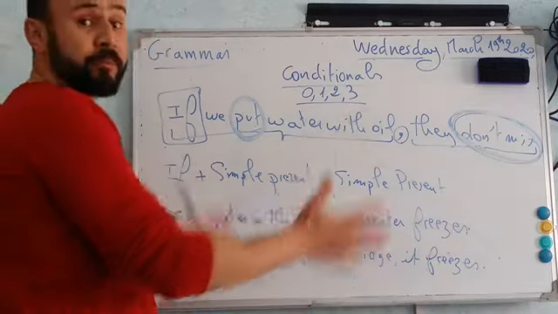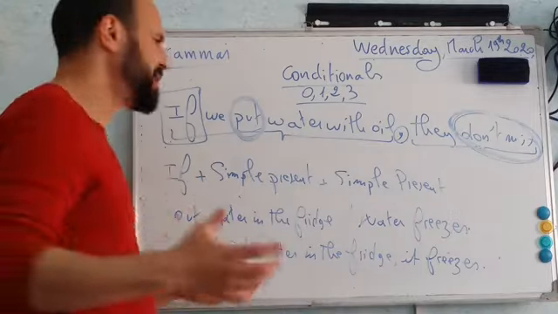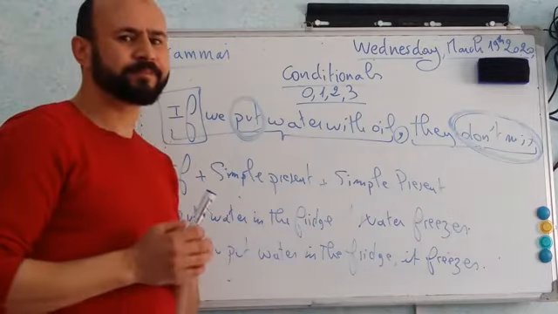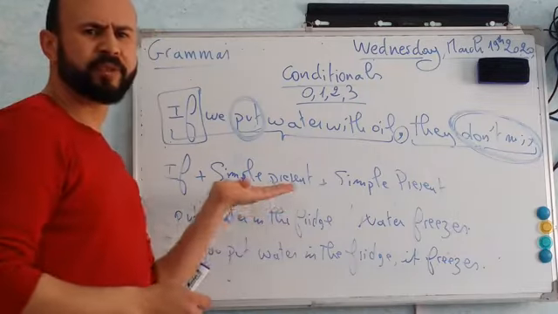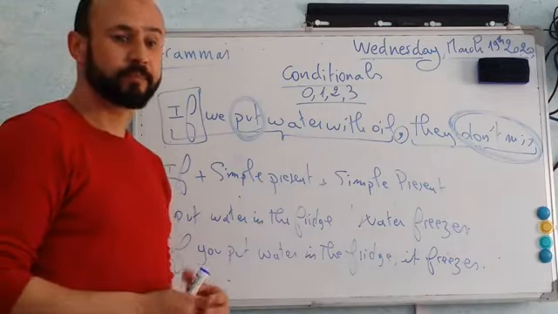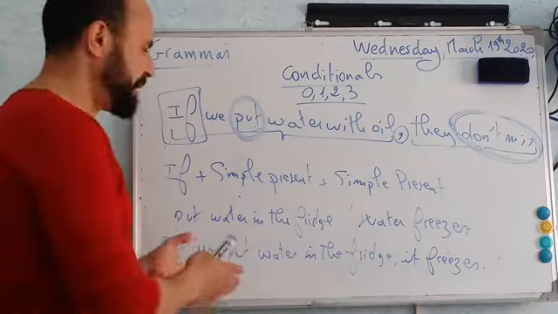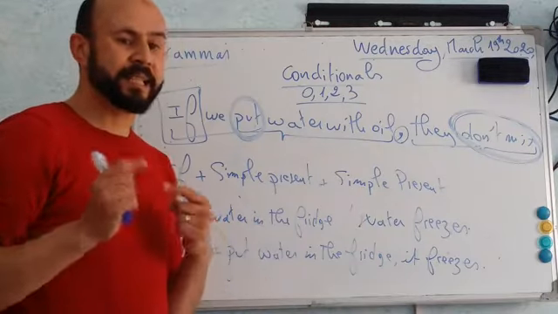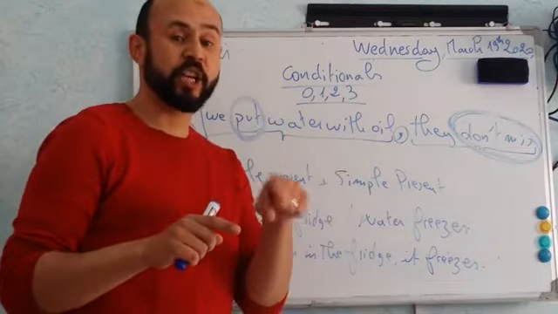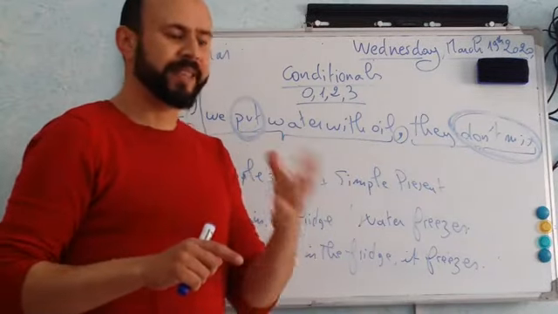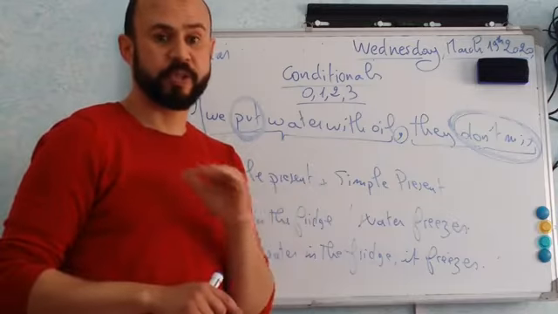Now, this is form. Now, what about uses? Can you just guess when do we use the conditional type 0? From what we have just seen this morning, you can see that we do it with experiments, with general truths. I mean, the things that are always true, whatever the case is.